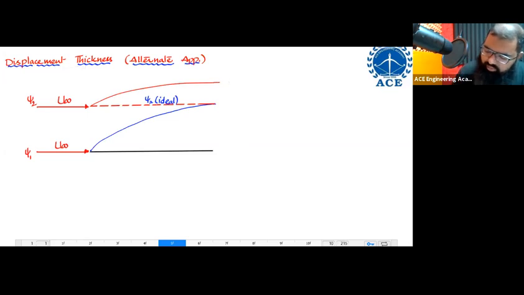We know that this distance over here is known as delta star distance, and we know that this distance over here is delta distance. This is psi 2 actual. Till here everyone knows this.